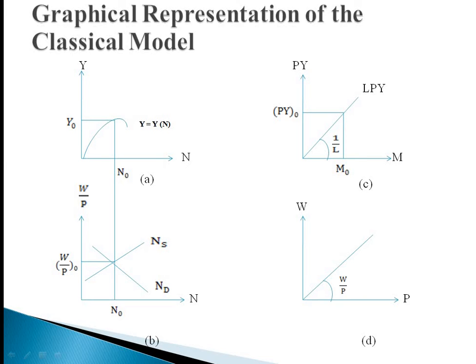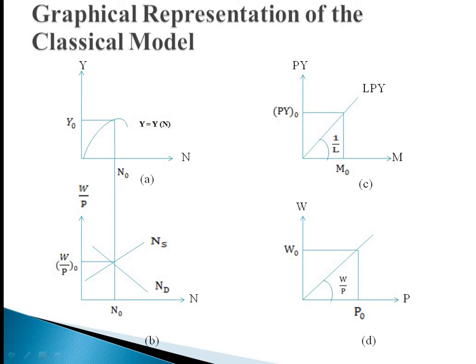Now moving to part D, we can see the relationship between price level and money wage W through this line. Since the price level has been determined in part C, we will take this as given, that is P0, and from this line we will now determine the equilibrium value of money wage, that is W0.